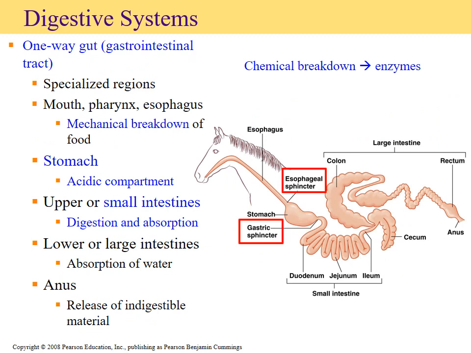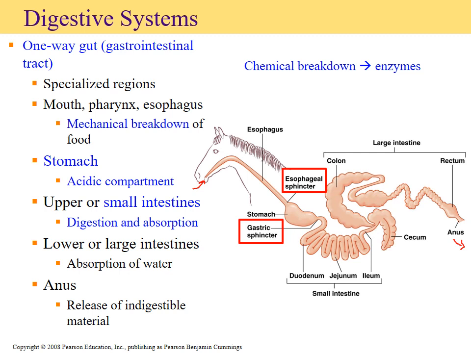In more complex organisms, we're going to take a look at our one-way gut, and our GI system is a perfect example of this. In a one-way gut, you have an entrance and you have an exit. In our case, the entrance is the mouth and our exit is the anus.